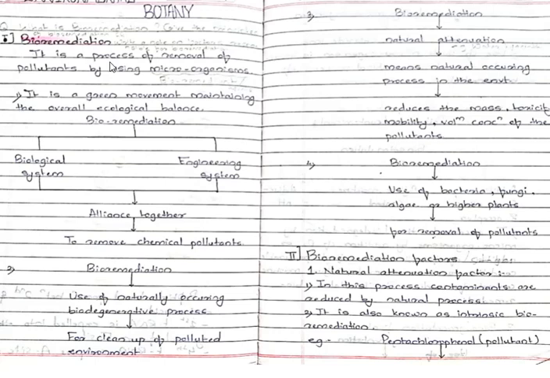So it is a green movement maintaining the overall ecological balance. We can also call this a green movement, because by using different organisms we can remove the pollutants, so the environment will ultimately be clean and healthy.